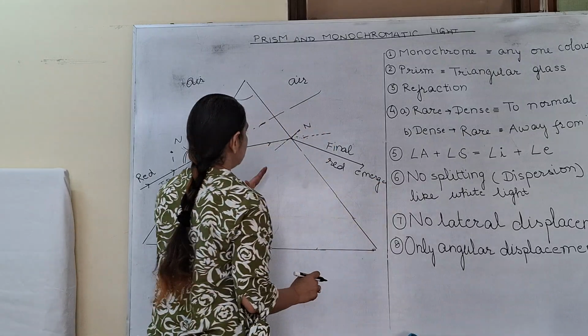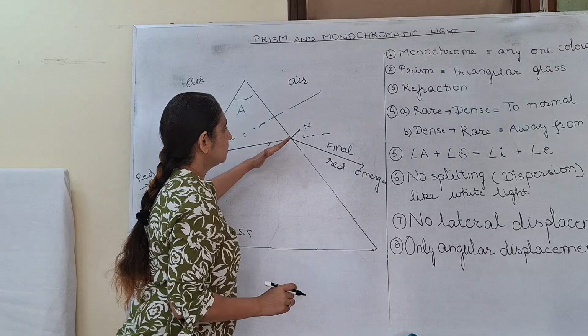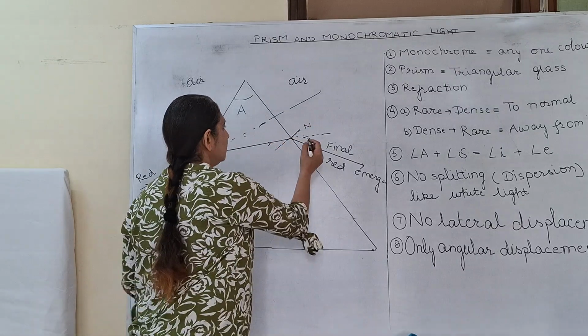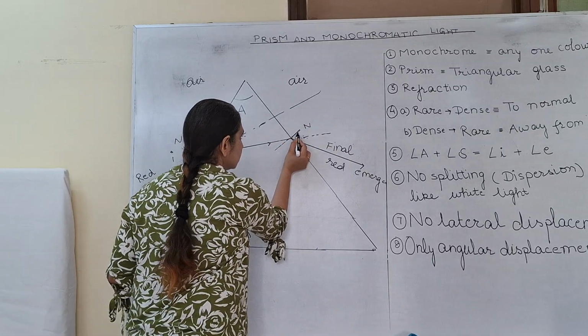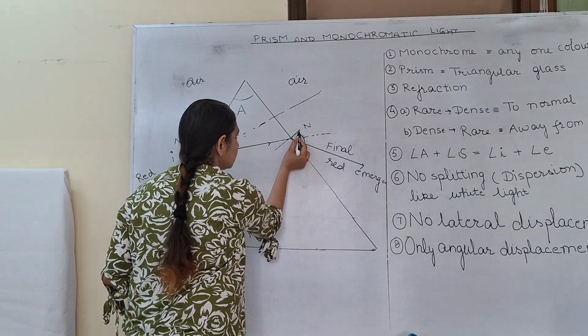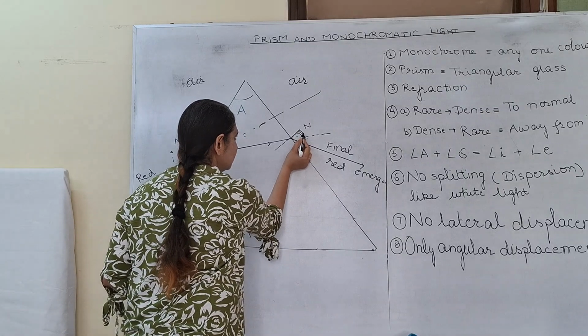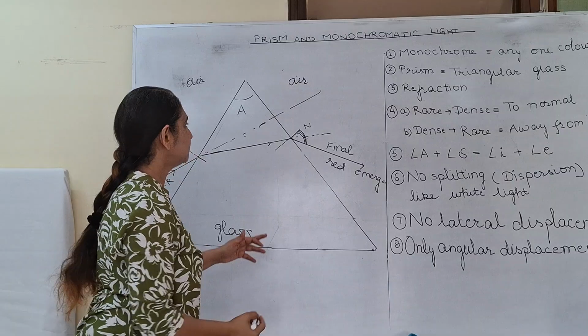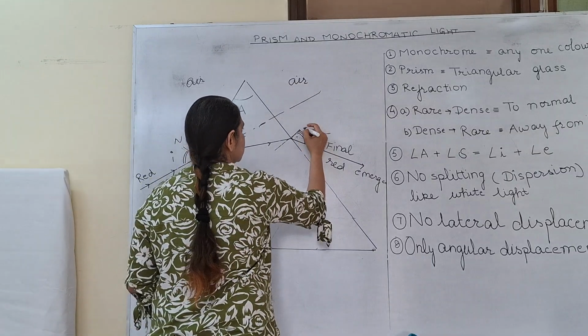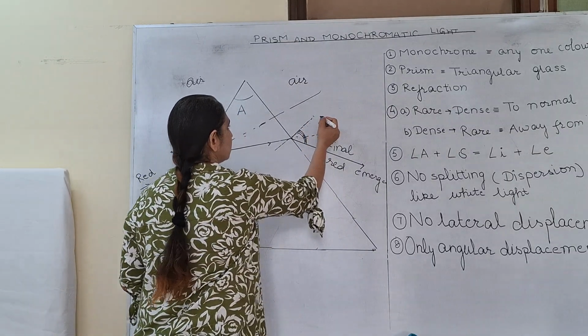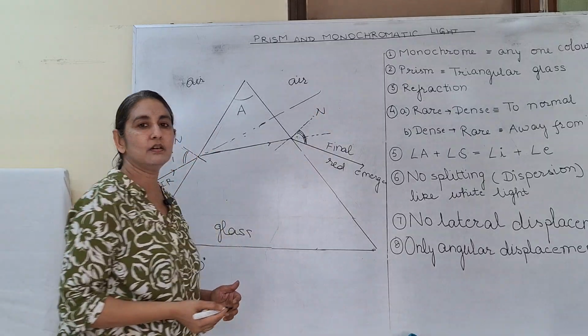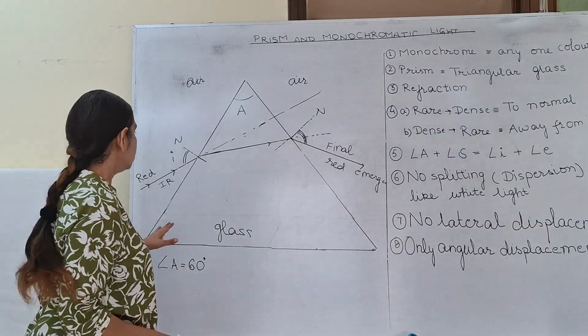Emergent ray and normal. This is the normal. Now see clearly, this angle, from the normal to the emergent ray, will be called the angle of emergence.